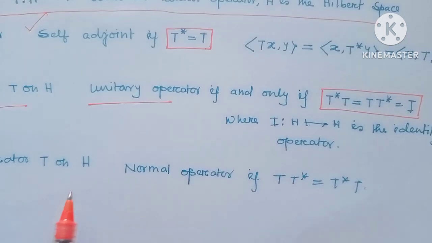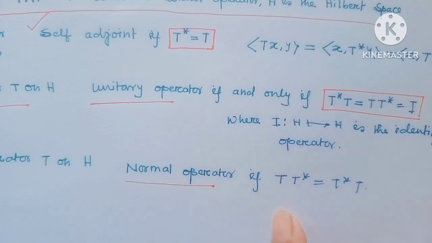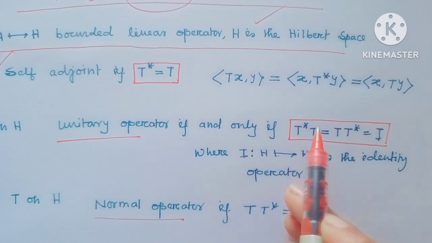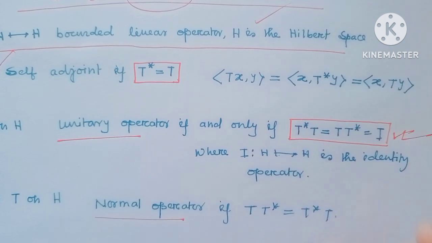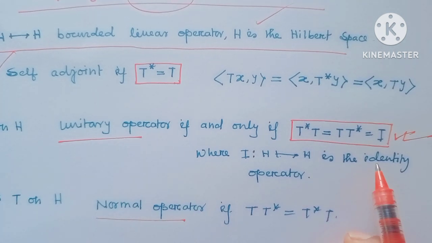In a previous video I had seen that in a normal operator, the operator and its adjoint commute, but here this value is also the identity. When T star T equals T T star equals I, the normal operator is said to be a unitary operator, where I is the mapping from H to H, which is the identity operator.